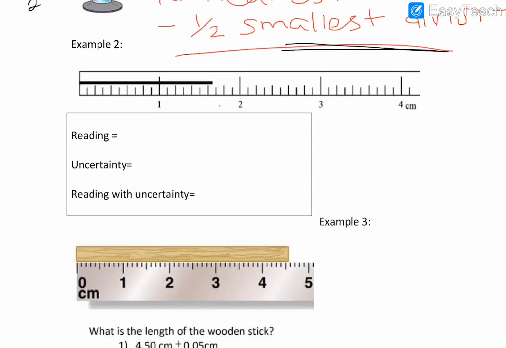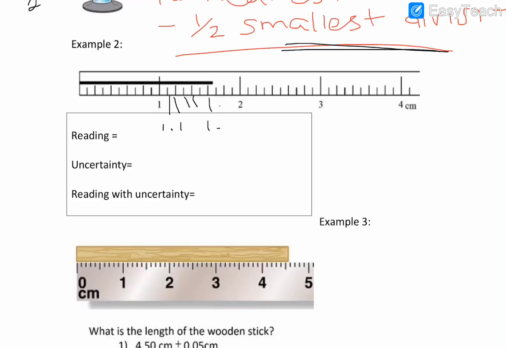The second example, here again, let's say 1.1, 1.2, 1.3, 1.5, 1.6, 1.7.